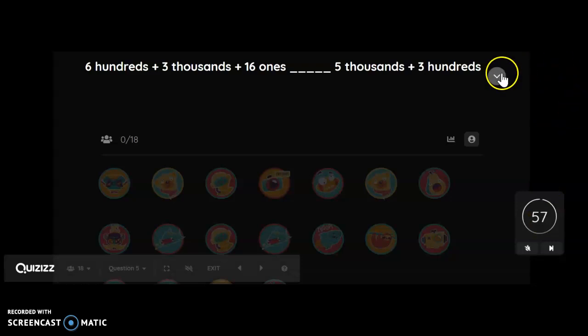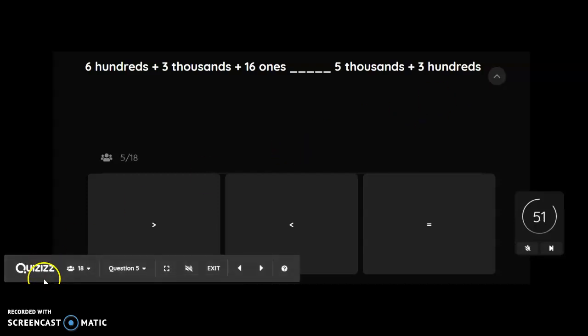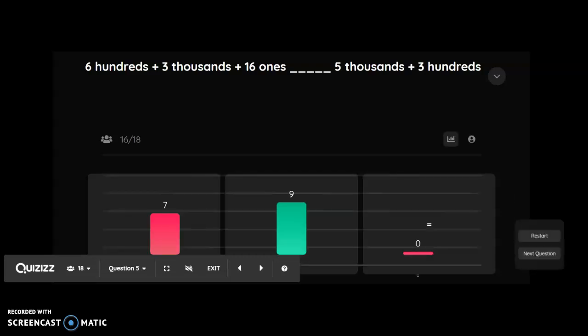Six hundreds plus 3 thousands plus 16 ones, and 5 thousands plus 300s. Carefully think about those numbers in standard form. Why is 600s plus 3 thousands plus 16 ones less than 5 thousands plus 300s, Ainsley?